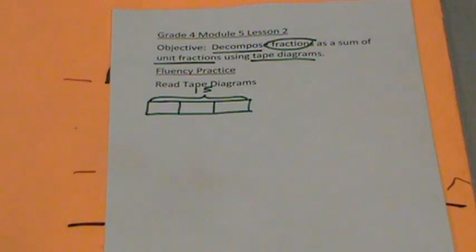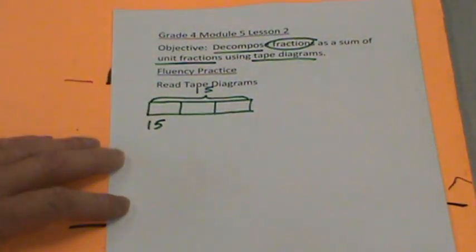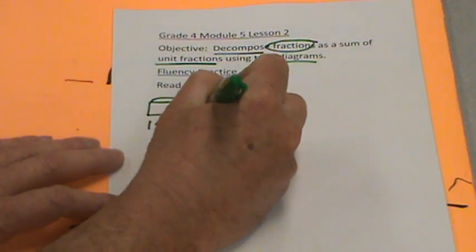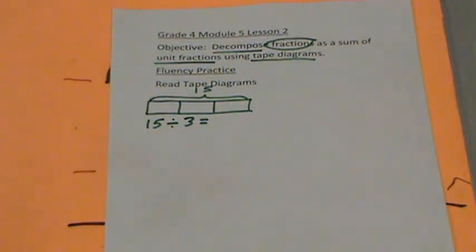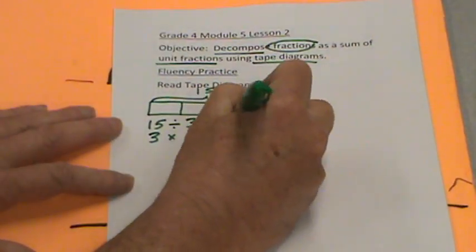So this tape diagram is saying to me, Mr. Leggett, I represent 15, divided by 1, 2, 3. So I know that's going to equal something. And I also know, because division is the opposite of multiplication, that 3 times a mystery number would equal 15.